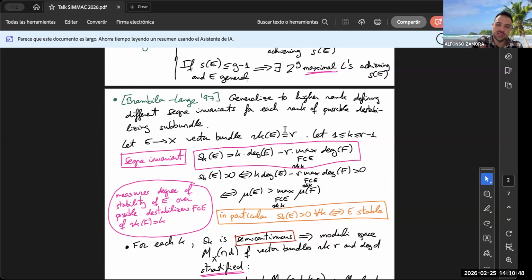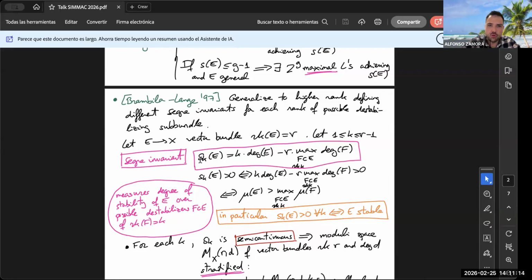The possibility of being destabilized by subbundles of different ranks means that, in defining a general Segre function for higher rank vector bundles, we need to fix the rank of the subbundle we are checking as a candidate to destabilize the vector bundle.